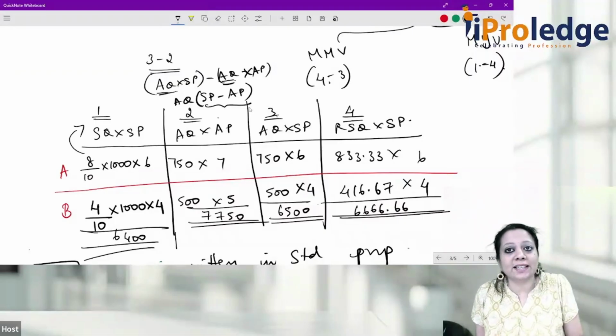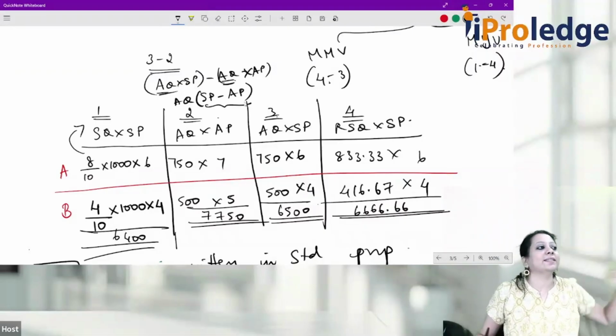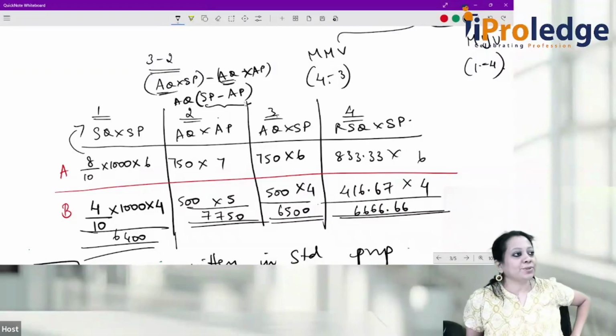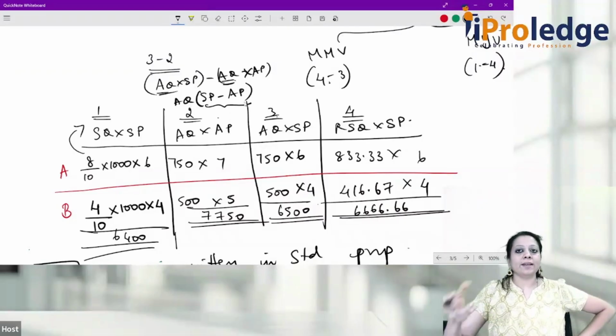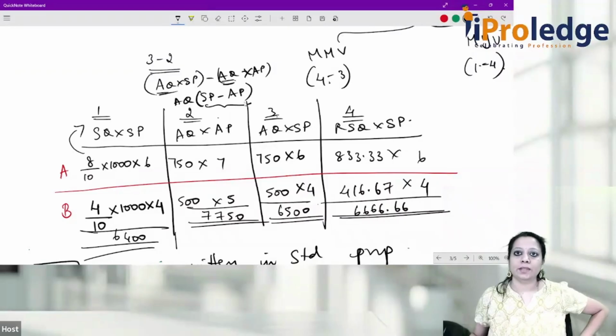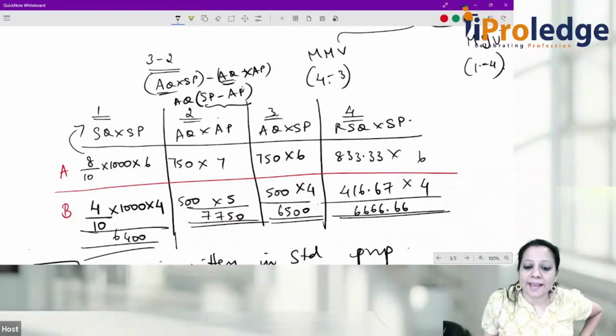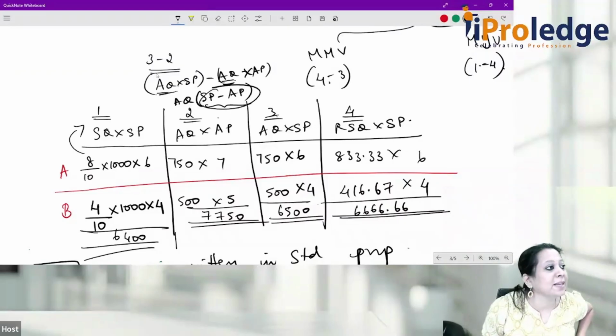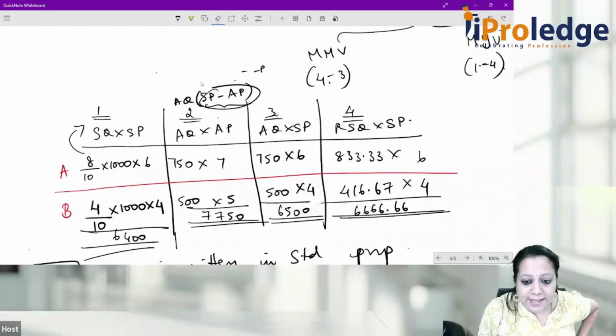Only the price is changing, that is why it is named price variance. Understood, everyone? Suppose by mistake you've forgotten what 1, 2, 3 are also. If you understand the logic, you will be able to remember it. That's all. Okay. So again, I'm repeating, the price is changing. That is why 3 minus 2 is what? Price variance. Wonderful.